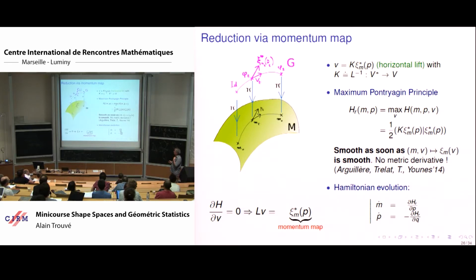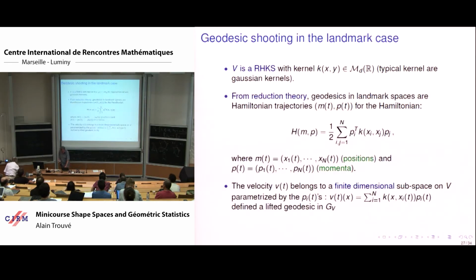If you remember what he said, you understand that you have a reduction and you have momenta. In shape spaces we work with all these momenta, which is a way to reduce the work with diffeomorphisms to finite dimension.